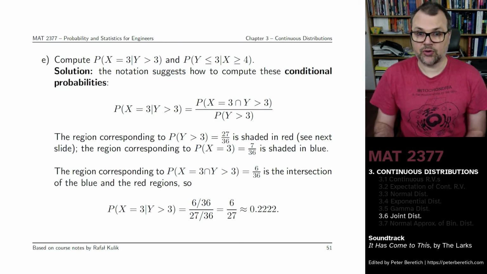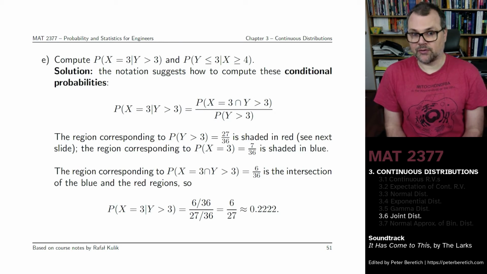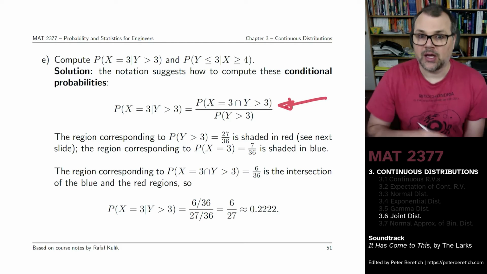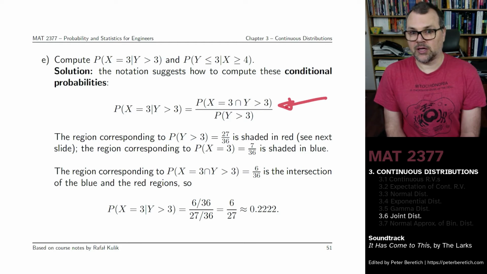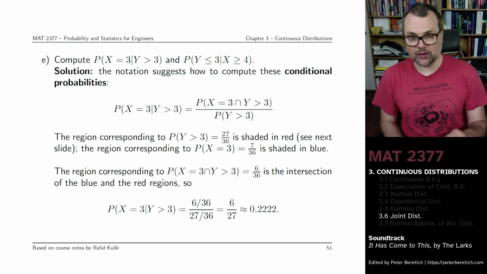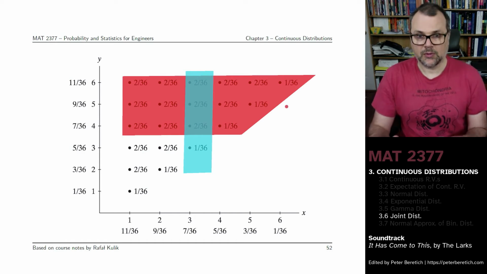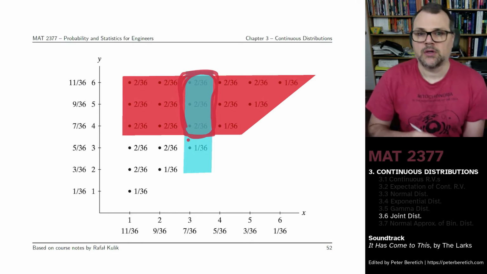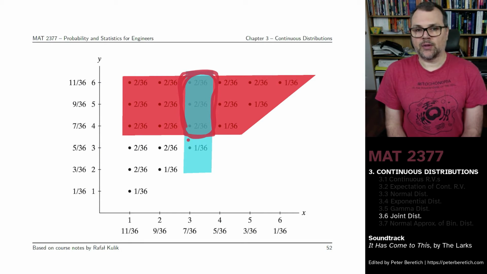We will get as numbers 27 over 36 for the y greater than 3 region and 7 over 36 for the x equals 3 region. And now you're interested in the numerator region here, the region that corresponds to both x being equal to 3 and y being greater than 3. It's this region right here. That's what's both in the red and the blue region.